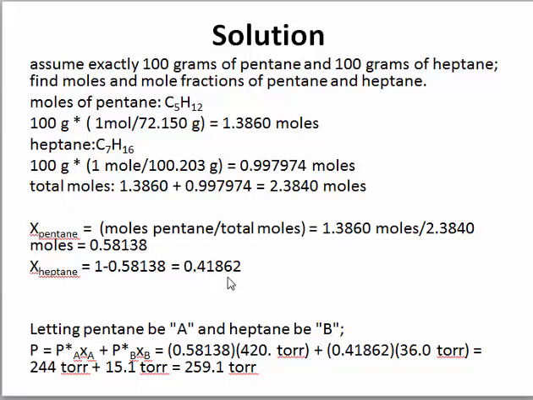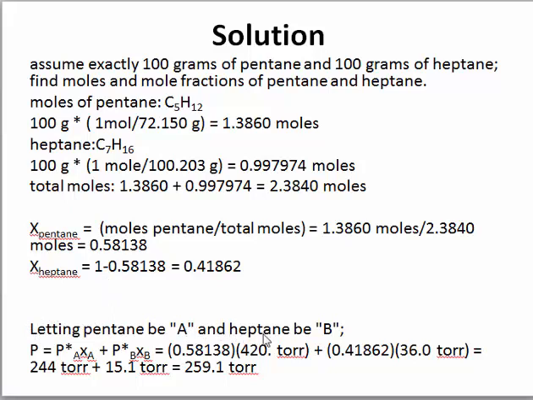A common arithmetic mistake at this point for this sort of problem, often made by beginning students, is to use moles instead of mole fractions. Be sure to obtain mole fractions before moving on to apply the equation we had seen on the previous page, which is known as Raoult's Law.